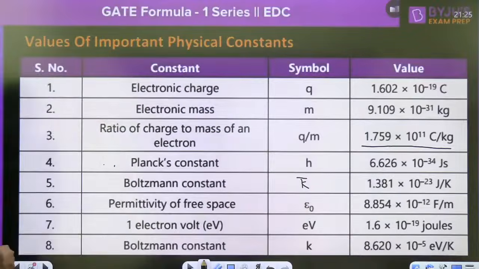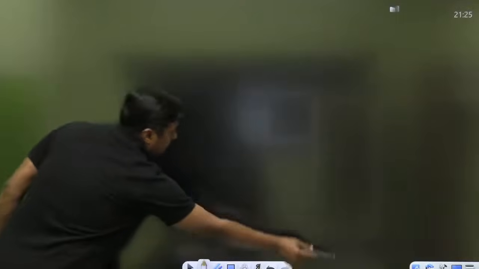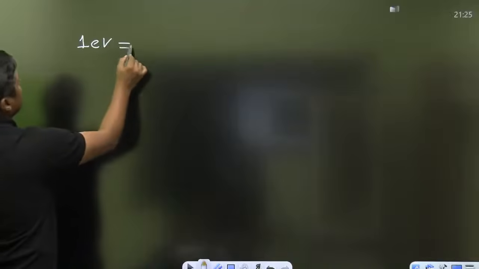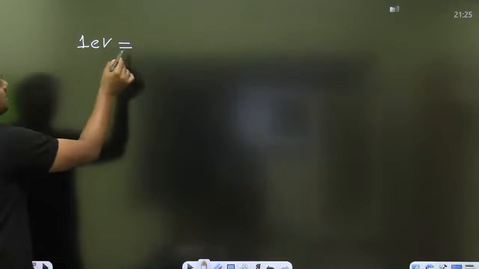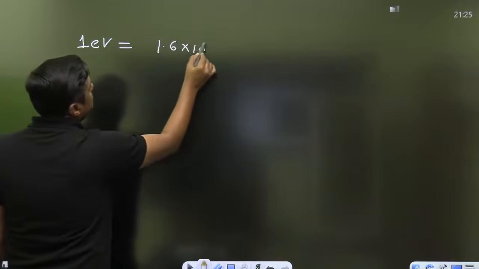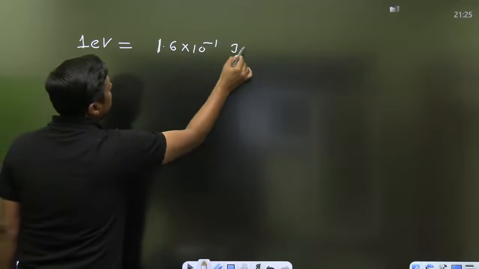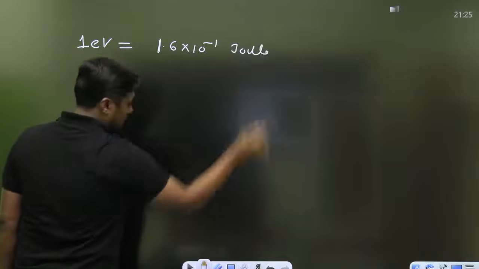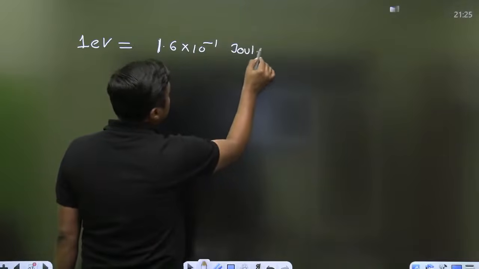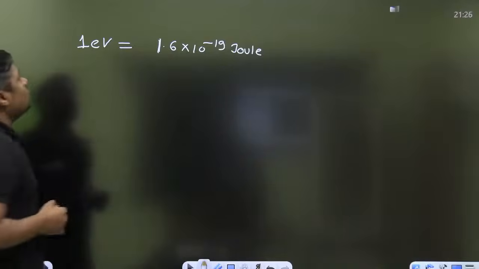Some students are confused with the electron volt. Remember that it is a unit of energy. It is nothing but this E is replaced by Q. So 1.6 into 10 raised to power minus 19 joule is the value of 1 electron volt.